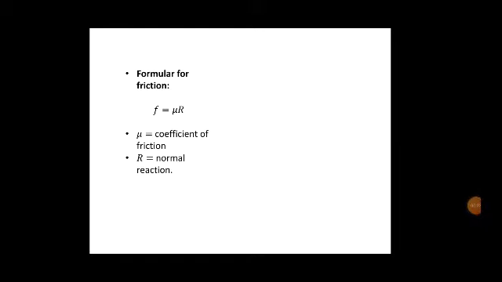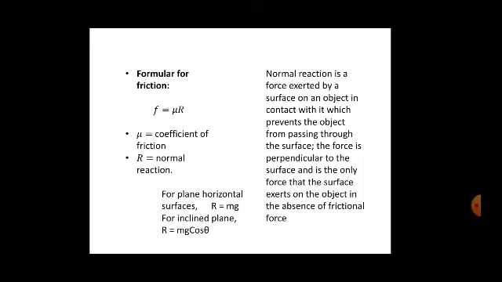Okay, in the course of the video, we are going to see what normal reaction is. For plane surfaces, the normal reaction is mg, that's mass times acceleration due to gravity. But if the surface is an inclined surface, your normal reaction is mg cos theta.